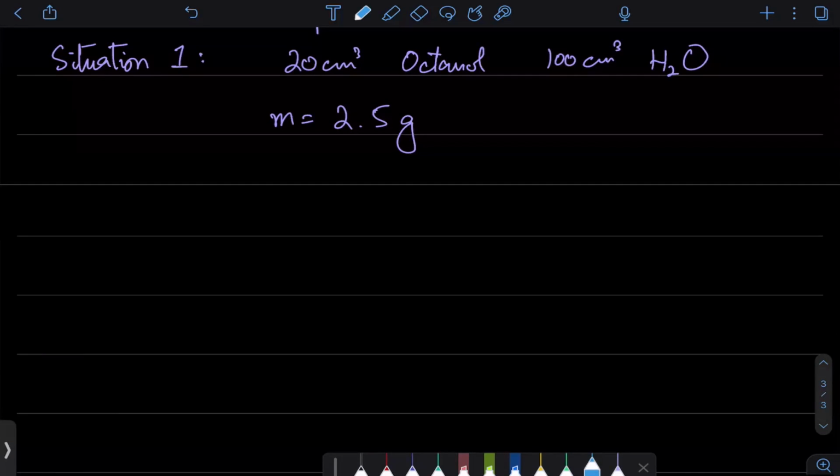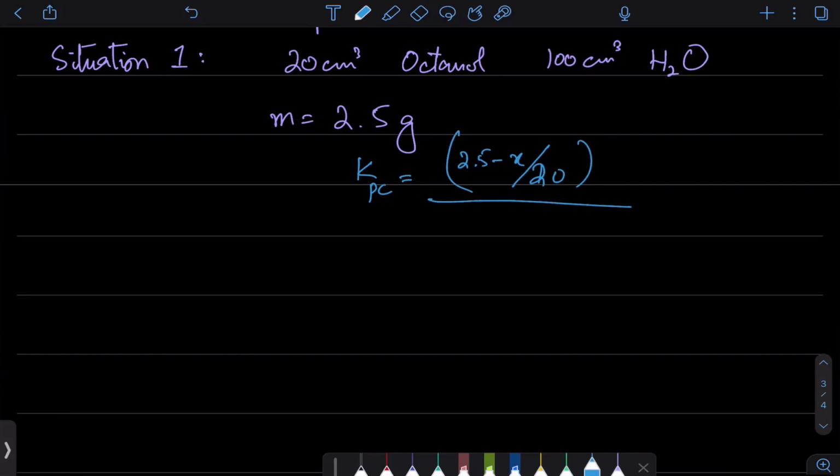So the K is gonna be 2.5 minus X over 100, 20 divided by X over 100. So this tells me how much is dissolved in water compared to how much is dissolved in octanol. Okay. So this is going to be 24 is equal to 2.5 minus X over 20 over X over 100.